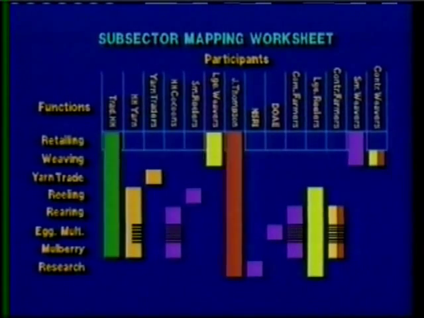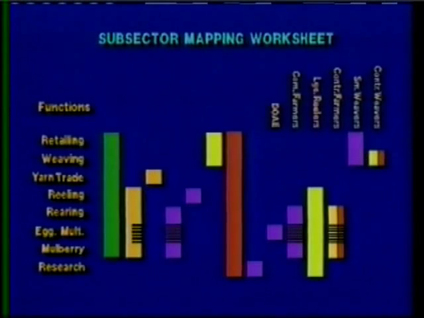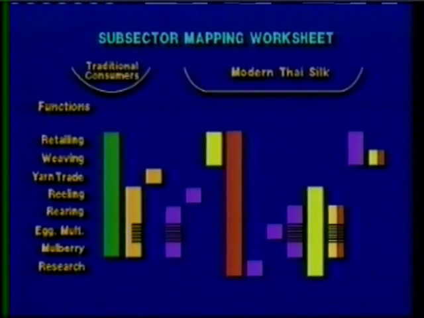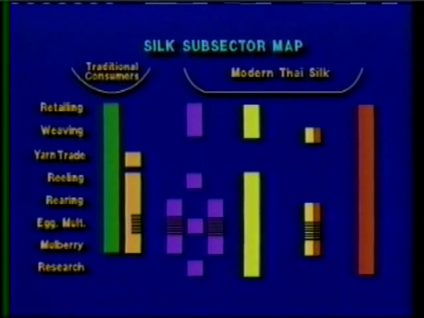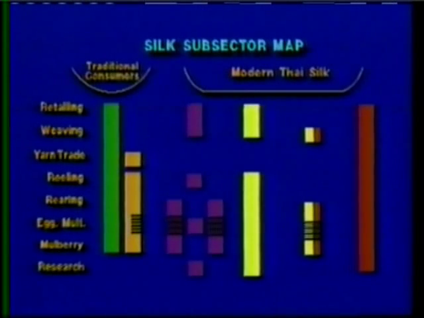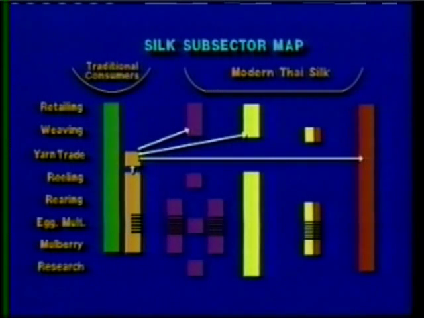Drawing a subsector map is like putting together a jigsaw puzzle. Your task is to align participants so that each lies directly above the enterprise they buy from. For example, the yarn traders buy yellow weft yarn from village yarn producers, who, in turn, sell to small and large weaving factories.